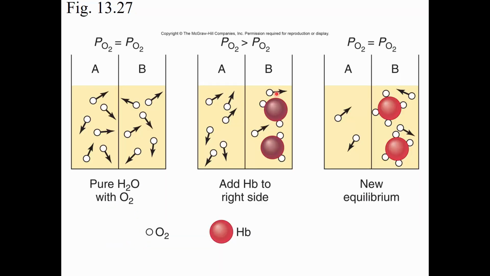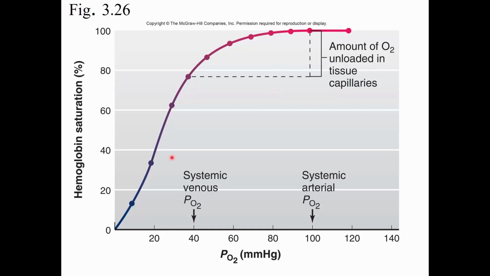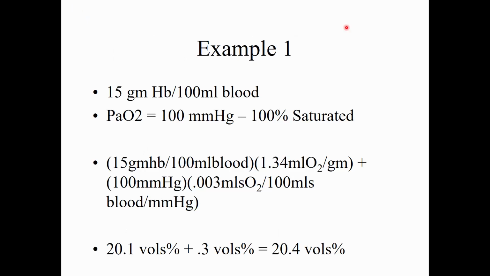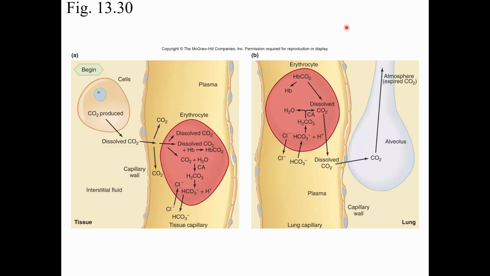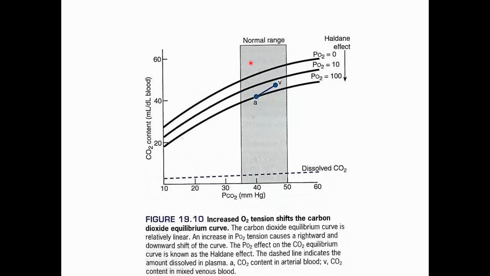The oxyhemoglobin curve is sigmoid. It saturates. You get to a point where you can't bind any more hemoglobin with oxygen. But the carbon dioxide curve is linear.